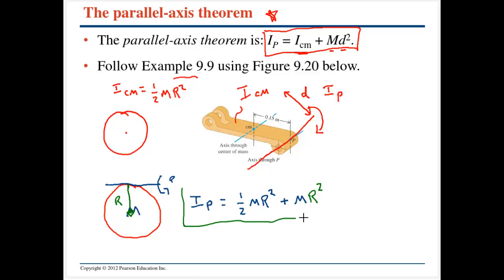So I'm able to use a moment of inertia that I know to figure out the moment of inertia about some other axis.